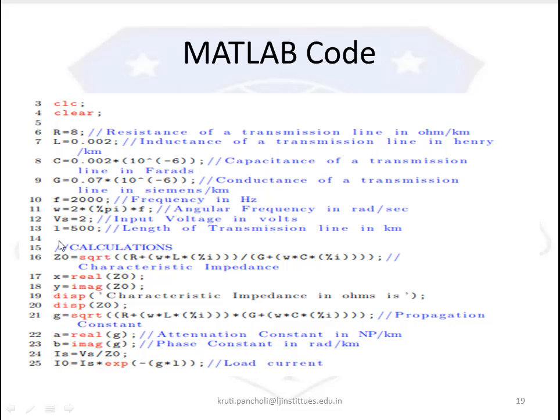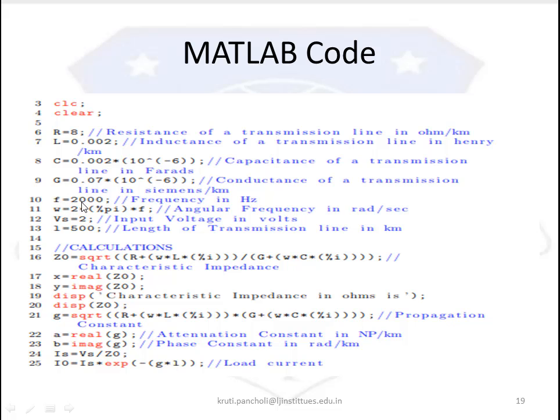MATLAB code. The given values we always write first: R is equal to 8, L is equal to 0.02, the inductance of the transmission line in Henry per kilometer. Capacitance C is equal to 0.002 multiplied by 10 raised to minus 6. G is 0.07 multiplied by 10 raised to minus 6, the conductance in Siemens per kilometer.